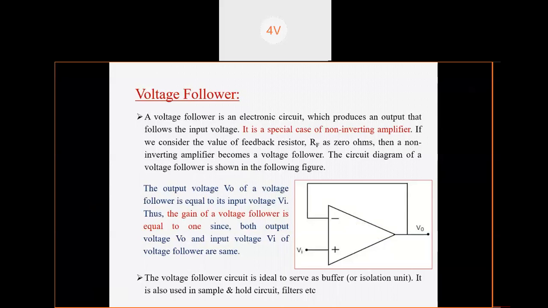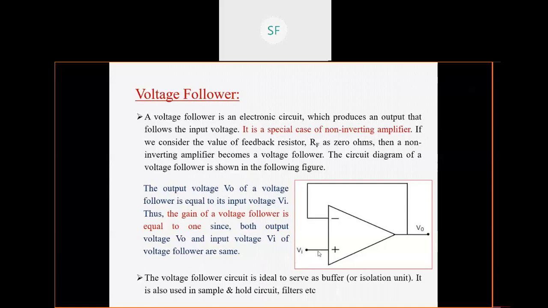You have to observe the input. Here it is Vi. In many cases it is given as V in or Vi, whatever it is. So you first have to look at the input voltage. If V in, that is the input voltage, is given to the non-inverting terminal, then it becomes a non-inverting amplifier.